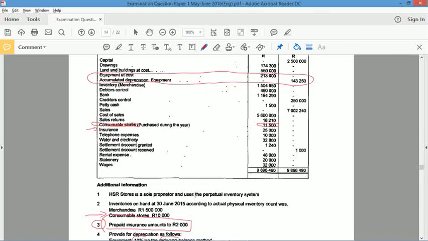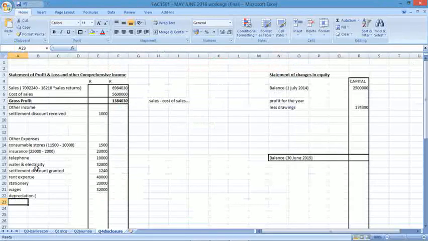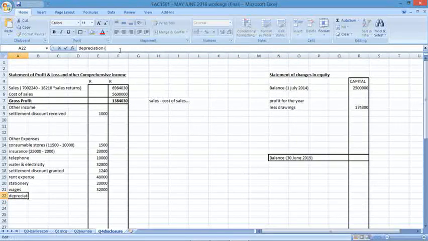Because if I'm looking at the reducing balance method, it is going to utilize the carrying value. So I'm focusing on carrying value here. If I'm looking at carrying value, I'm going to have to record the amount, which is the cost, which is 213,000. So 213,000 cost minus accumulated depreciation.